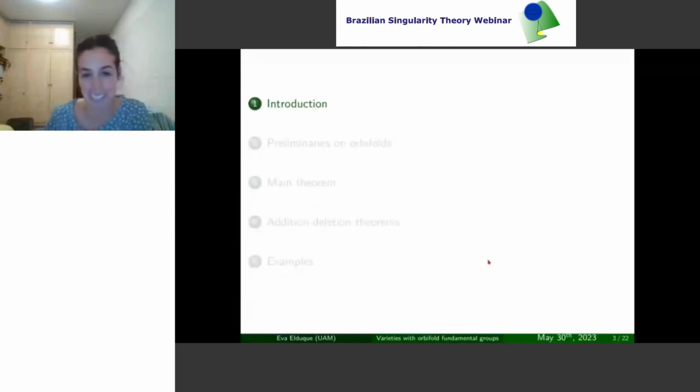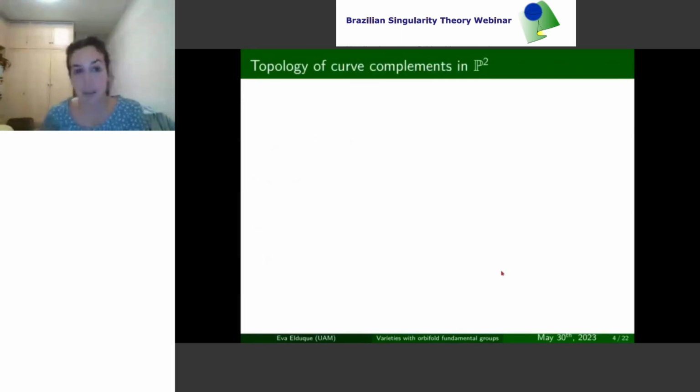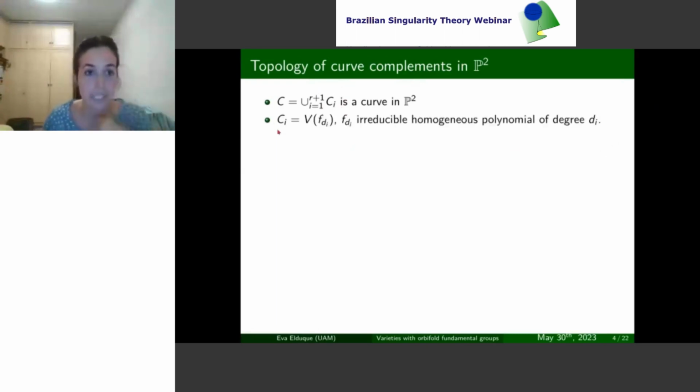So let me start by talking about the topology of curve complements in P2, although we'll move on to a more general setting later. If I have a curve in P2 with r plus 1 irreducible components, Ci, each of the irreducible components is going to be given by an irreducible homogeneous polynomial of degree di.